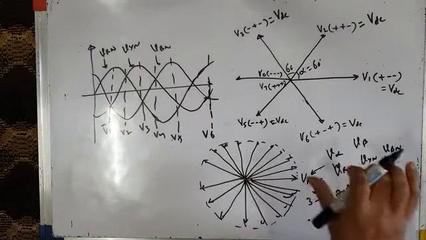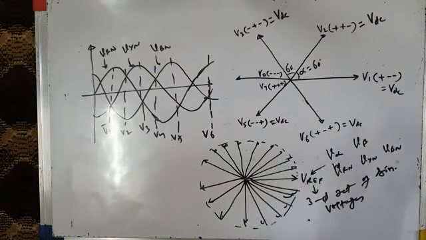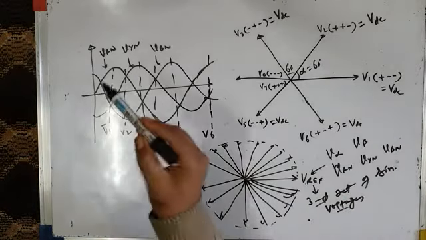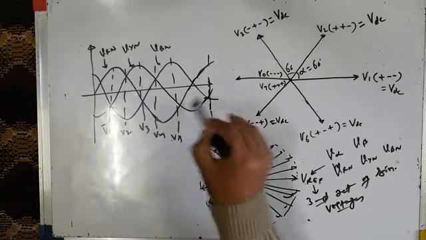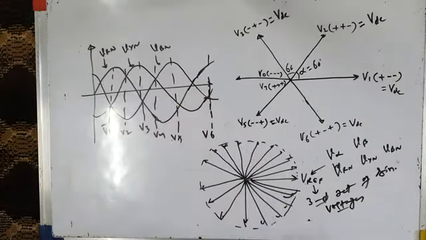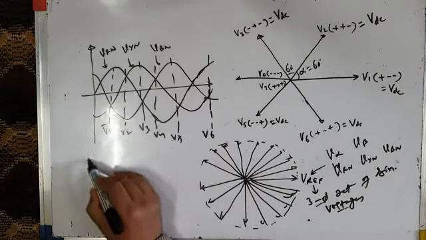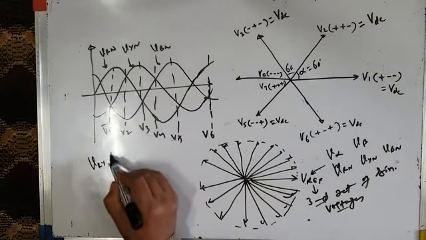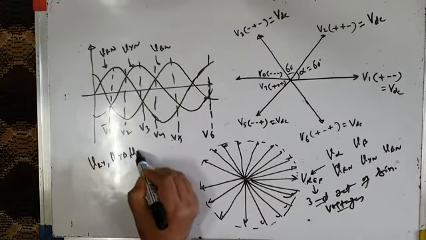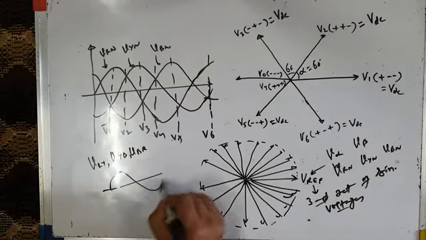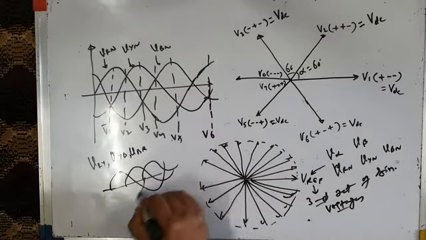Since our voltage source inverter gives voltage as its output, it will represent 3-phase sinusoidal voltages like VRN, VYN and VBN, which are sinusoidally varying like this. Or if you say line voltages VRY, VYB and VBR, it represents those 3-phase line voltages which are also sinusoidal like this.